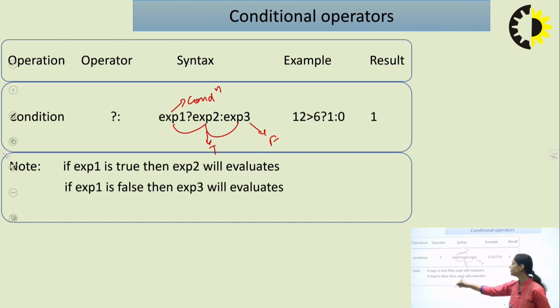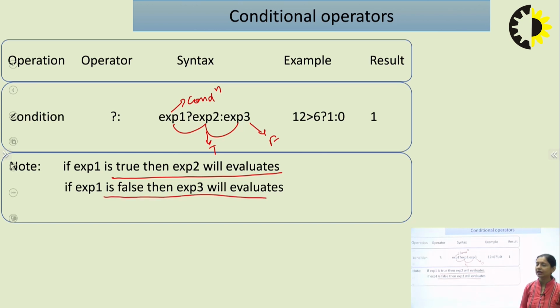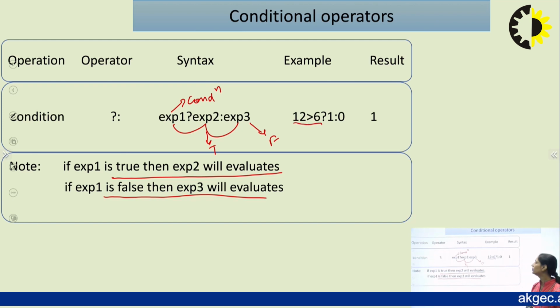So it says if expression 1 is true, then expression 2 will be evaluated, and if expression 1 is false, then expression 3 will be evaluated. This is the condition to be checked. 12 greater than 6 is true, and in the true case we have the result as 1. So the result would be 1.